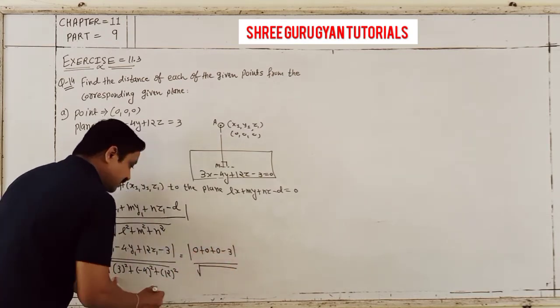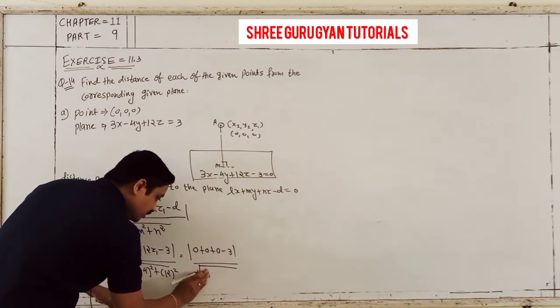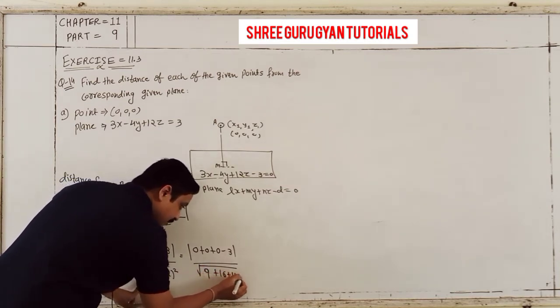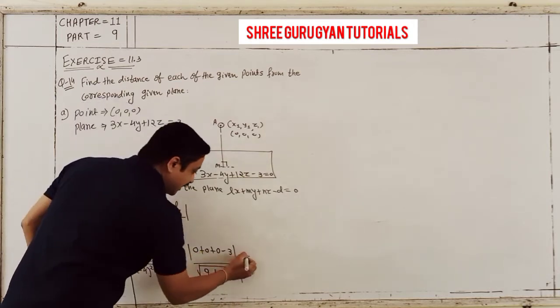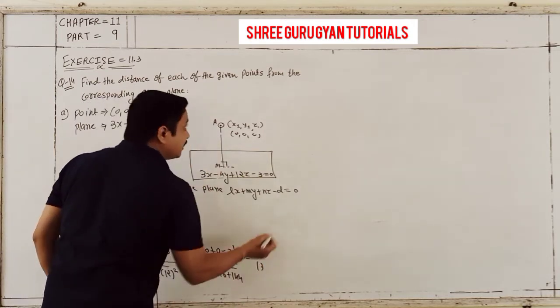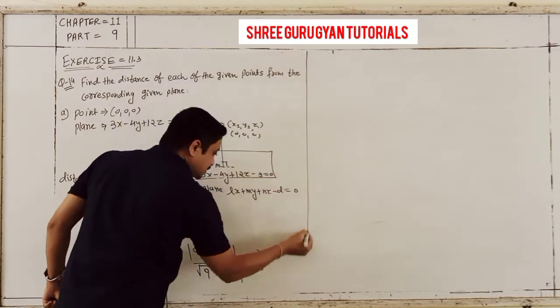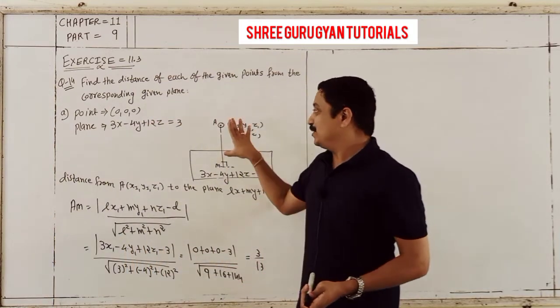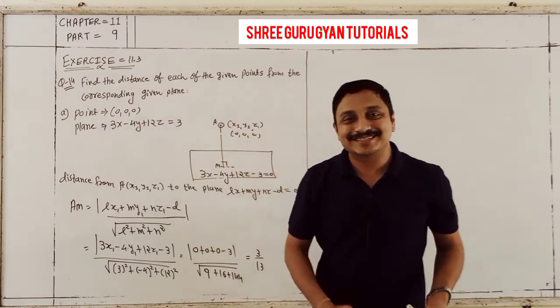And the answer: 3 square is 9, 4 square is 16 and 12 square is 144, which is 169. So the answer is 3 by 13, and our first question is done. The perpendicular distance from A to the plane is over.